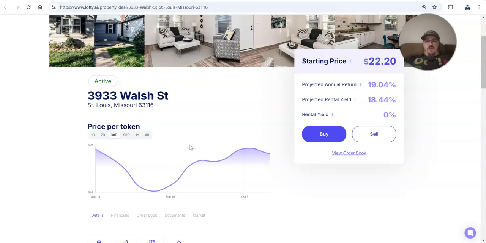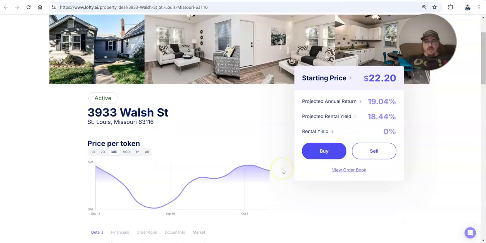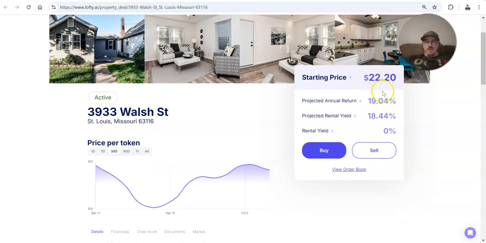And so at the end of the day, there may be more tokens than USDC. And so if those tokens are worth less than what they were sold in there for, that's going to be a problem. And so I wanted to take a look at this property, see what I thought about the valuation, if that thought process is right, which I honestly am not 100% sure that it is. That's why I'm experimenting with small amounts right now, just trying to figure this out.